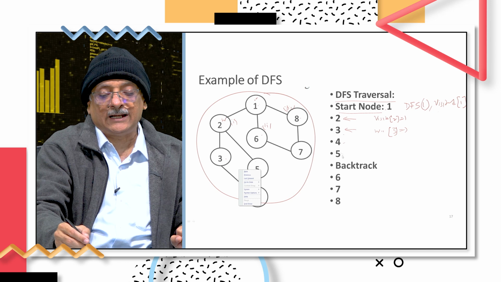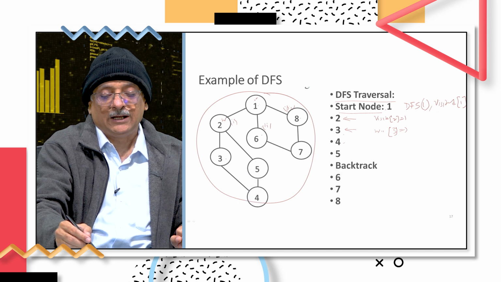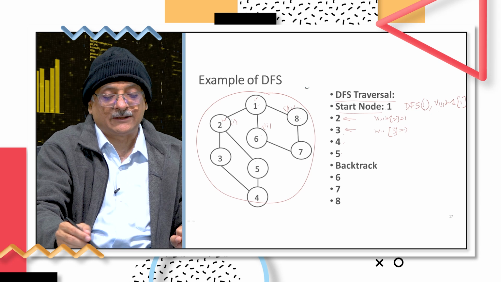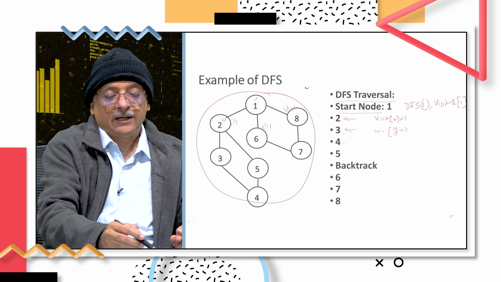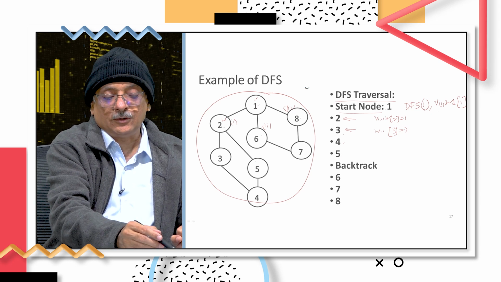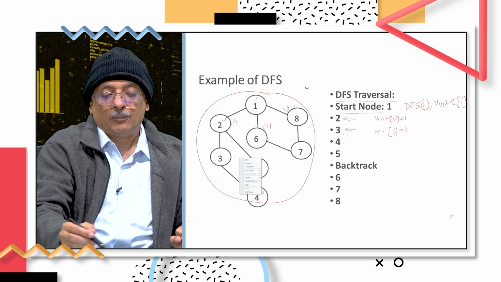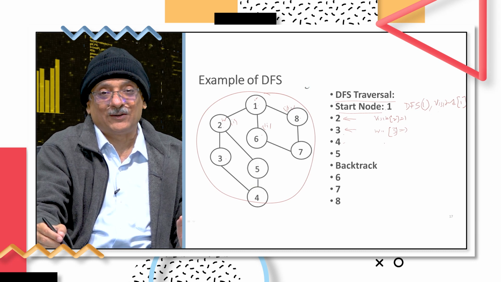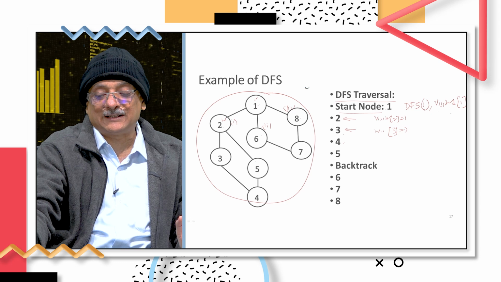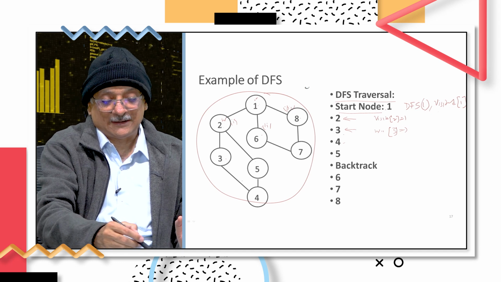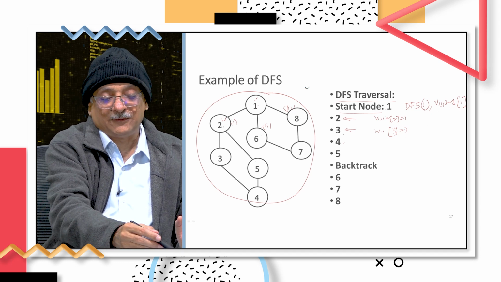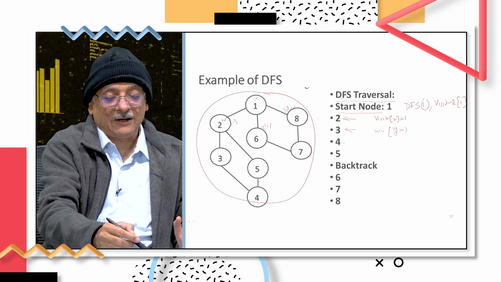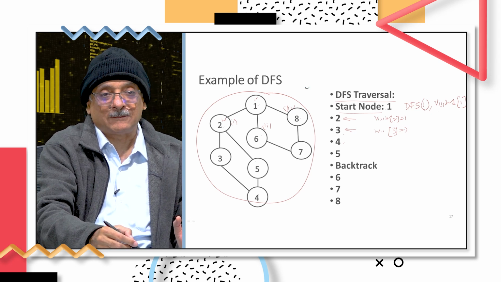Now the next in the depth first search will be 5, which will be visited. Once 5 has been visited, we find that this node as well as 4, both have been visited already, because visited[4] as well as visited[2] are both 1. So, both these nodes have been visited, and we backtrack.